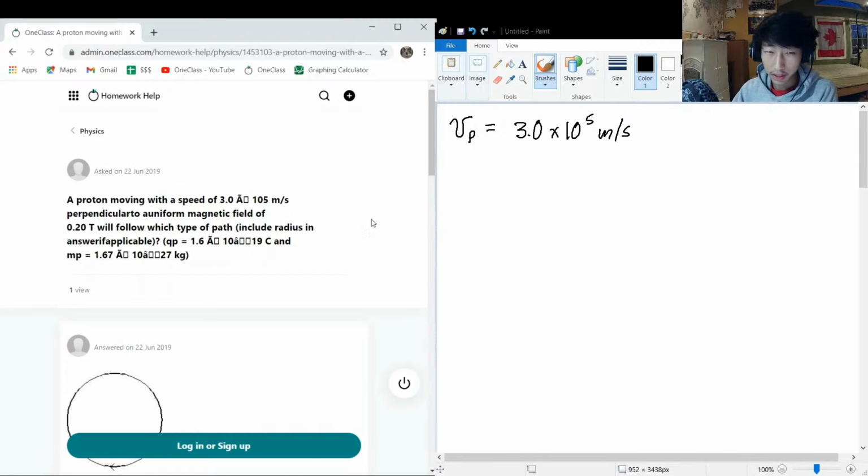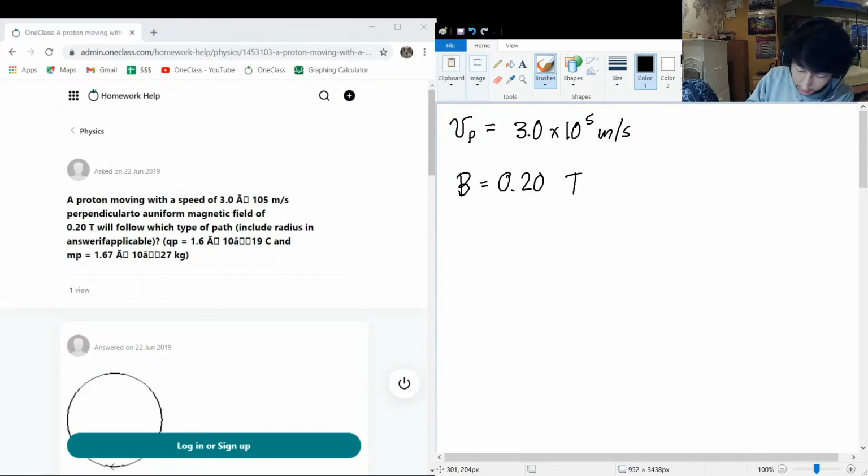This is the speed of the proton, and it's moving perpendicular to a uniform magnetic field, which is 0.2 teslas. So let's write that in. Our B field, which is the magnetic field, is 0.20 teslas.